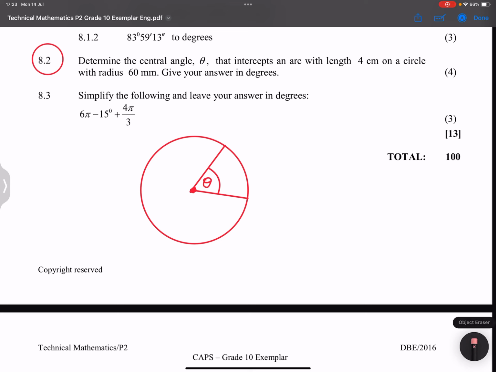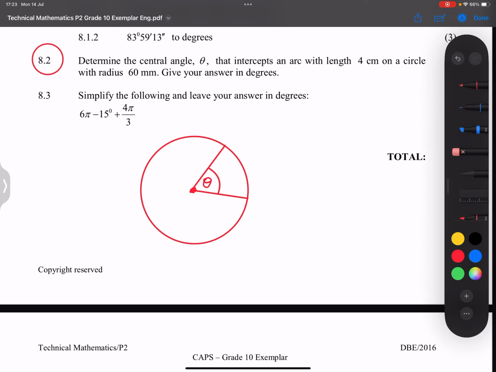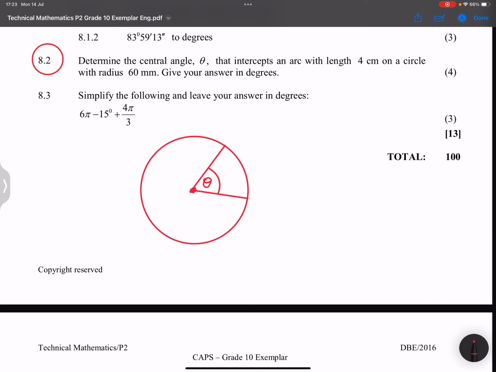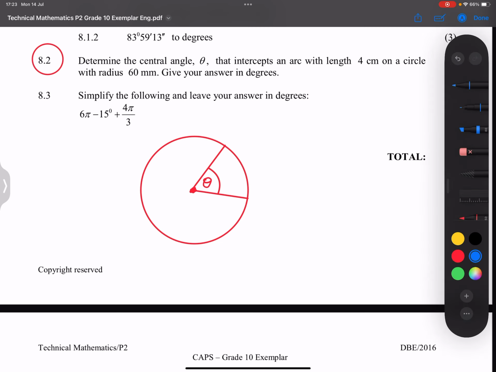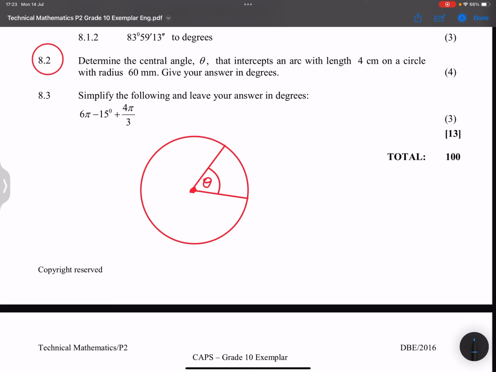Please note this. What would this actually cause? I want us to look at it with a different color. Now this portion here in blue, this would be the arc of the angle, or the arc of the circle. It's a portion of the circumference of a circle.